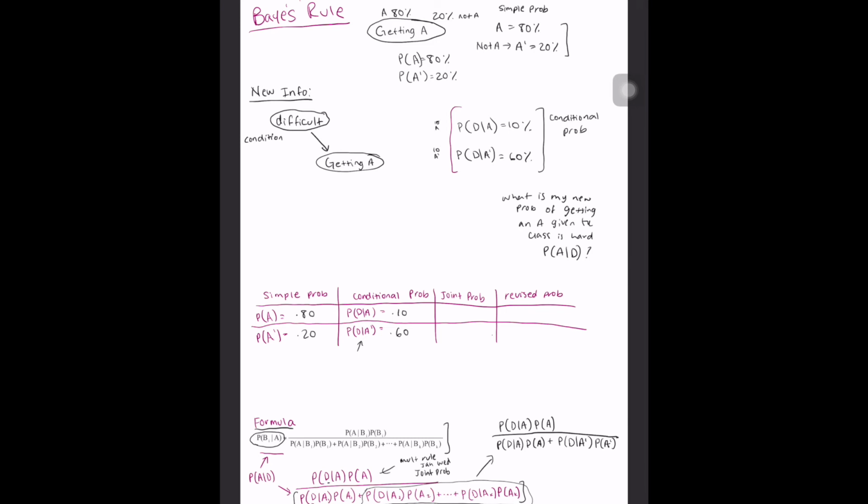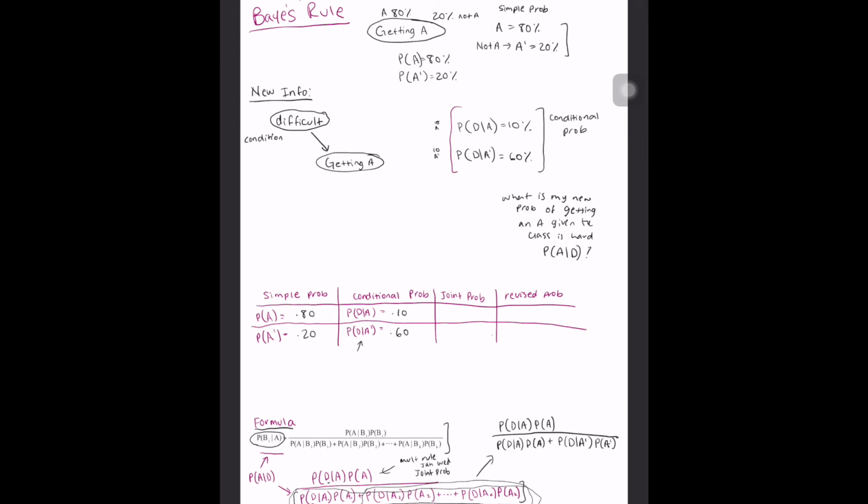The reason why this works is because the denominator of Bayes' theorem is just the joint probability of all of the alternatives plus all the events of interest too.